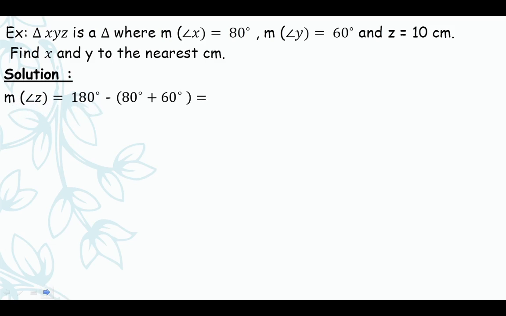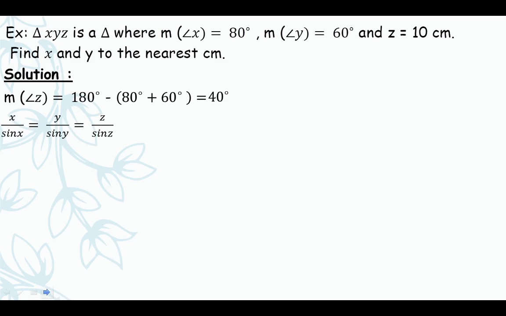Solution. The first step, you should get the measure of the third angle. Measure of angle Z equals 180 minus (80 plus 60) equals 40 degrees.